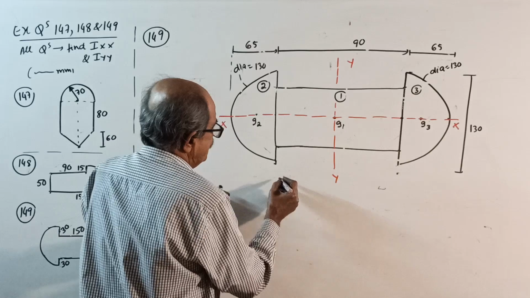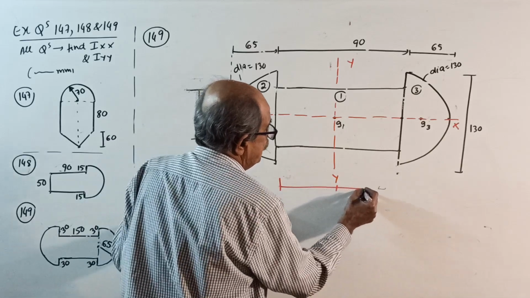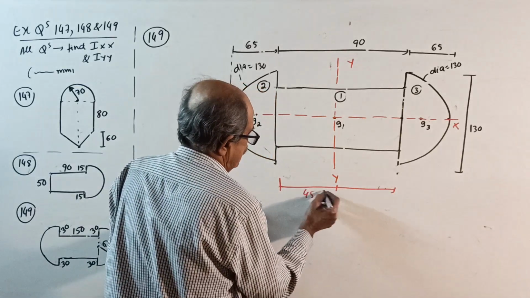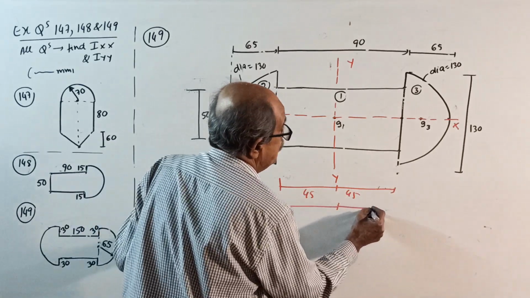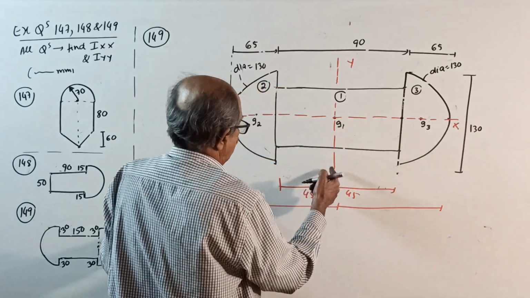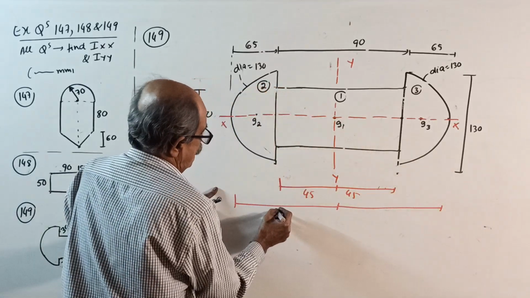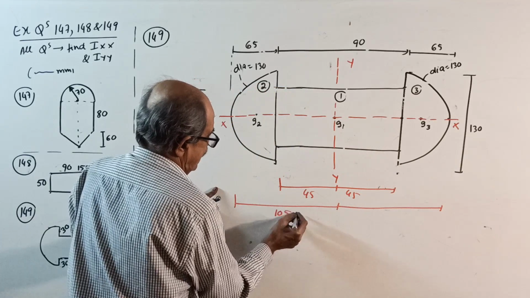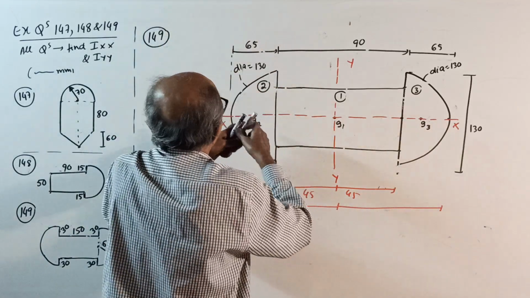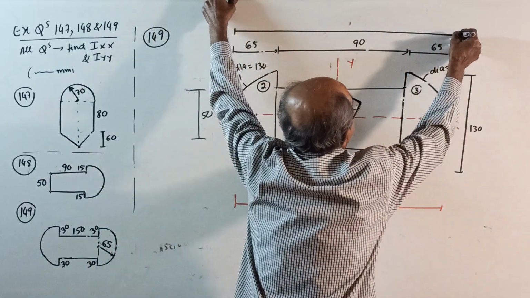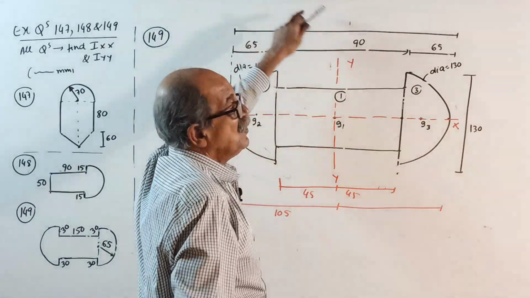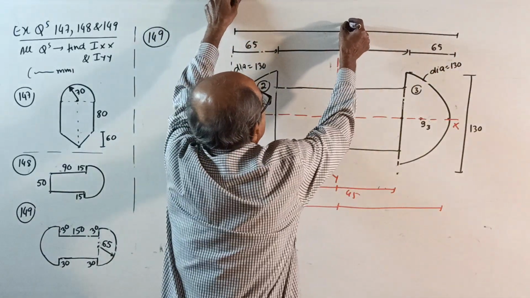If it is 90, how much here? This is 45 and this is 45. If you want the full distance, this is how much? If you want these two, it will be 45 plus 65, 105. 105, correct? And if you want the total length from here to here, it is 65 and 65, 130, and 130 plus 90 is 220.